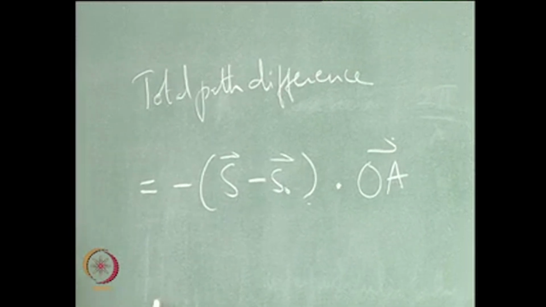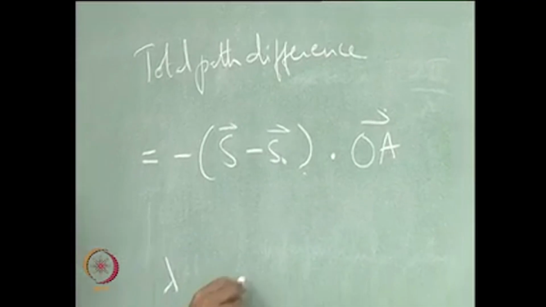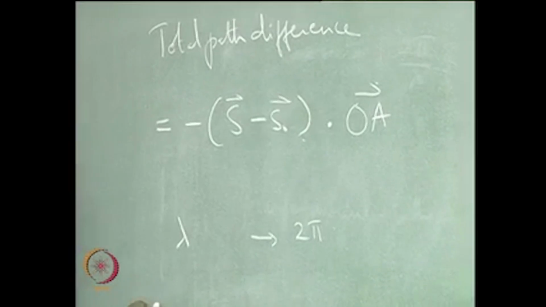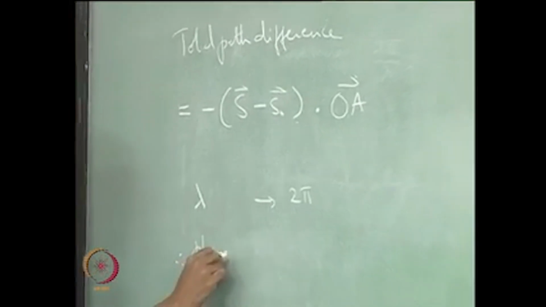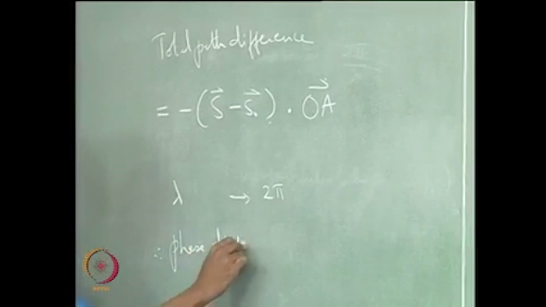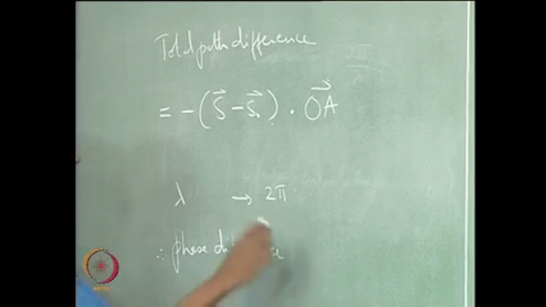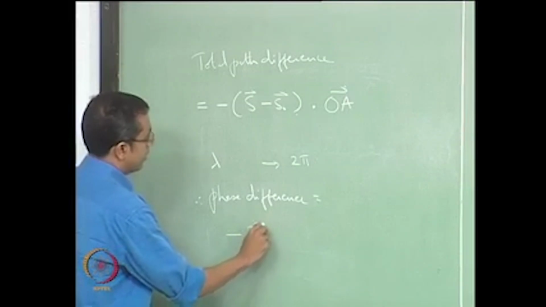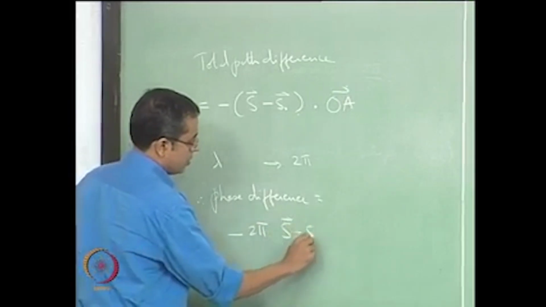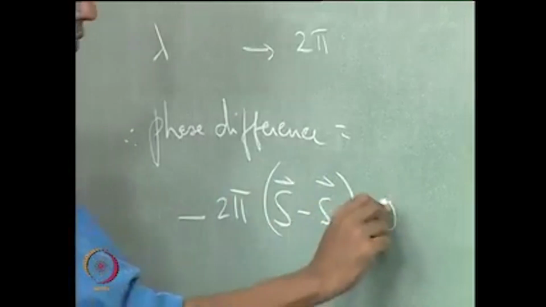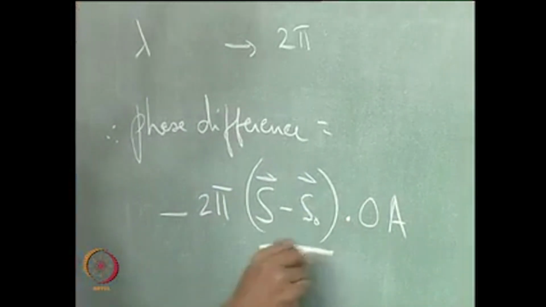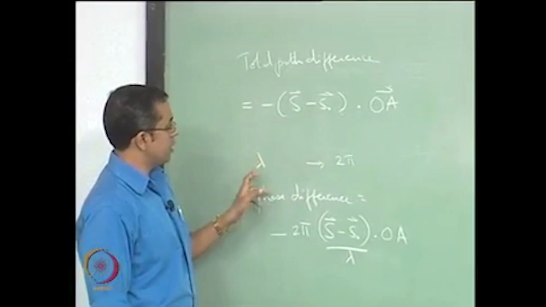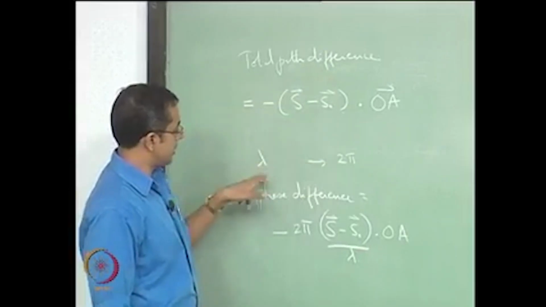Now we basically say that a path difference of lambda is a phase difference of 2 pi. So to get this path difference we are going to have the phase difference equal to minus 2 pi into minus S naught, so this quantity times this by this is the phase difference.